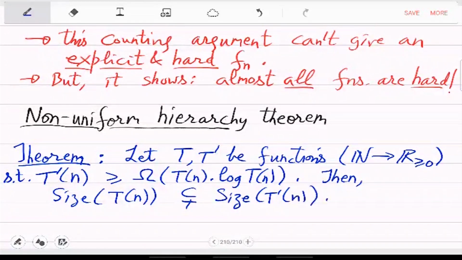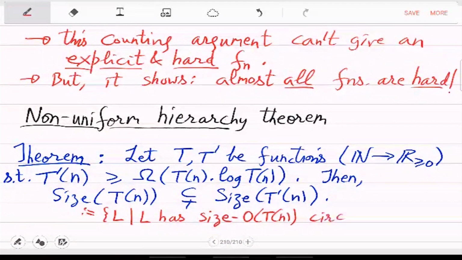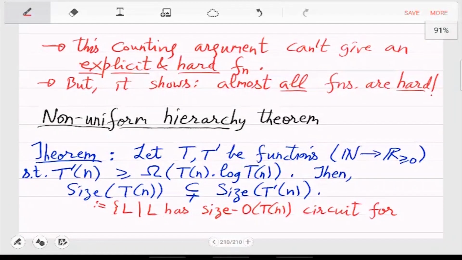I haven't defined it, so let me define it here. This is the set of problems L such that L has a size T(n) circuit for n bit inputs and for all n.